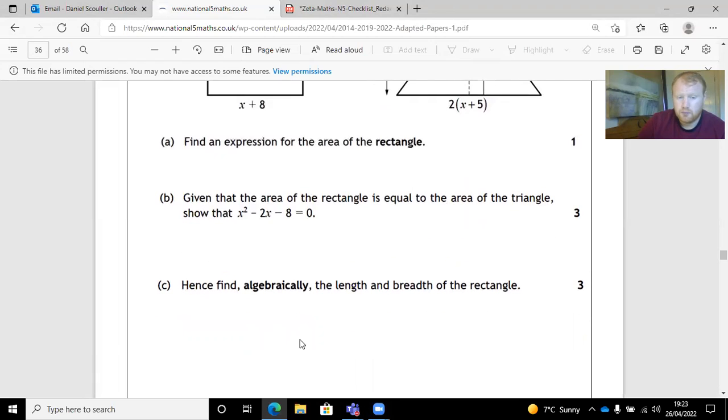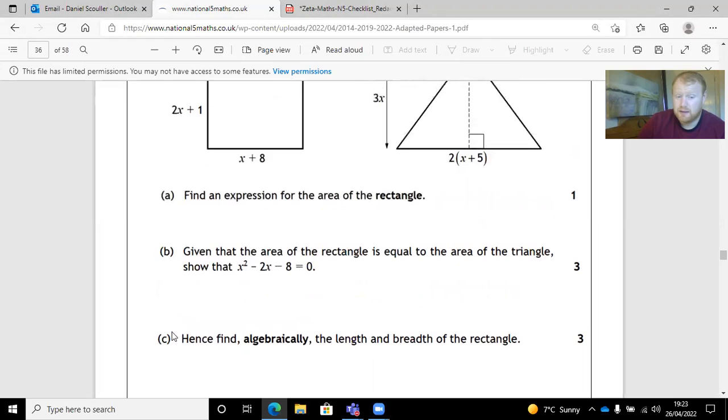Okay. This last part is asking you to factorize that to get solutions. So to find a solution of a quadratic, we either factorize manually or we use the factorization equation that we're given in the formula sheet.